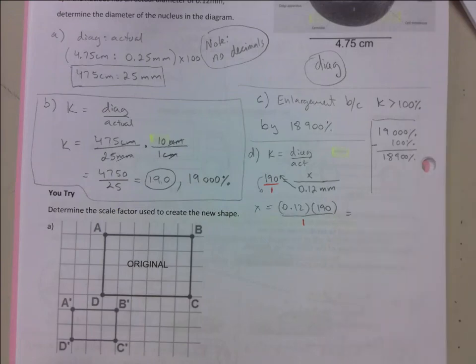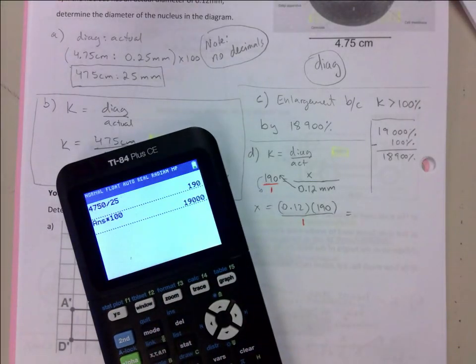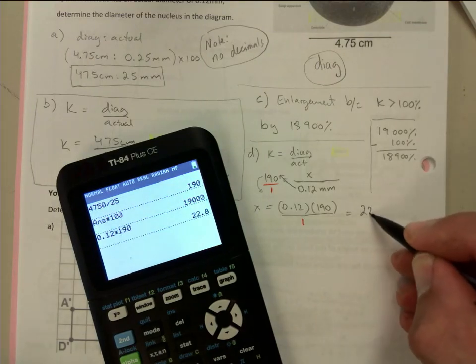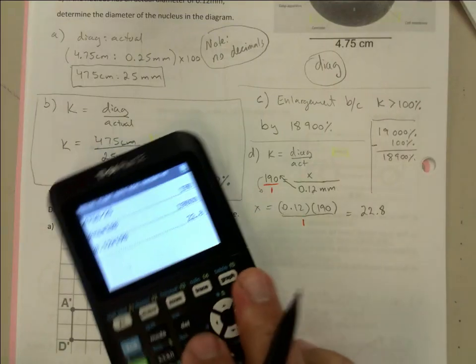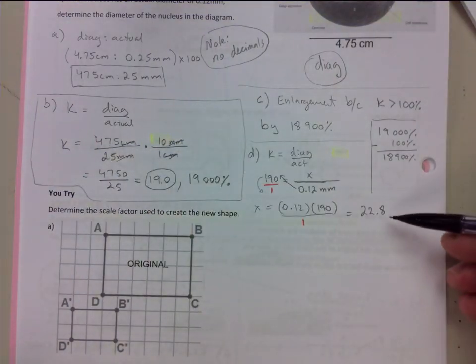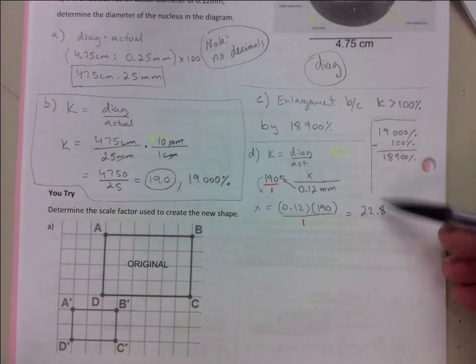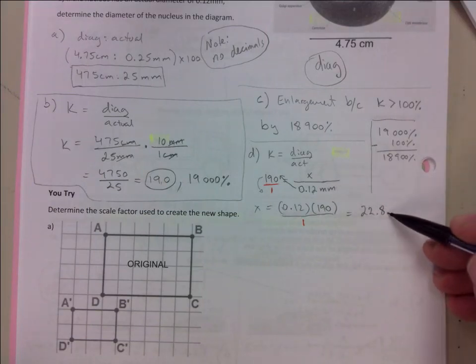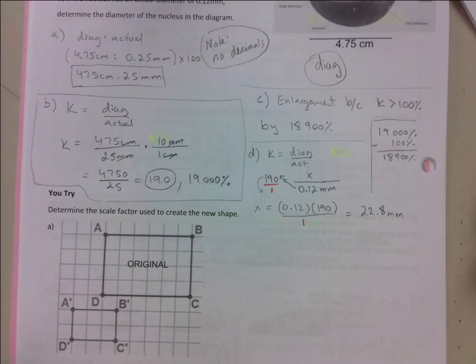And so when you do that, you get 22.8 what? What are we in units? Millimeters, right? Did it ask you to state it in a specific unit?